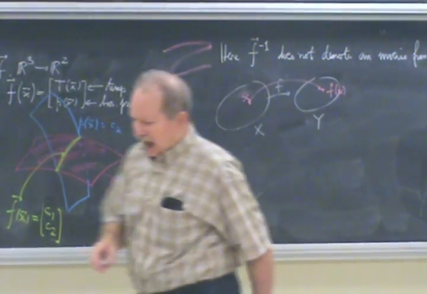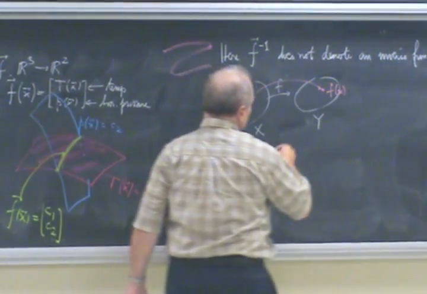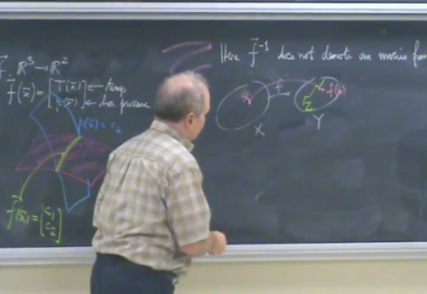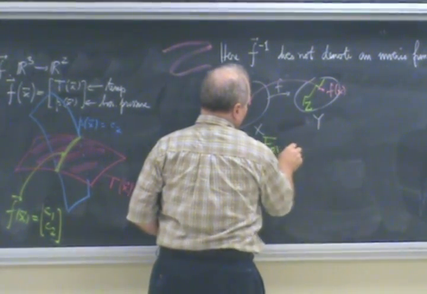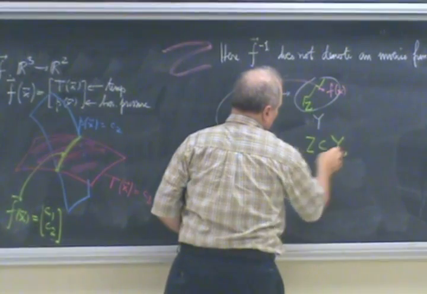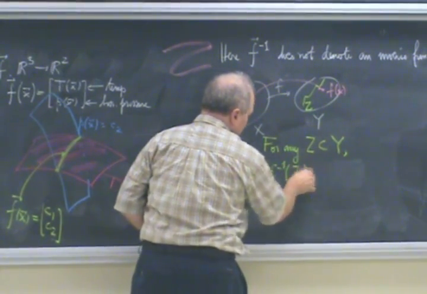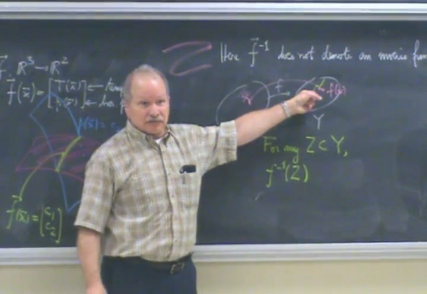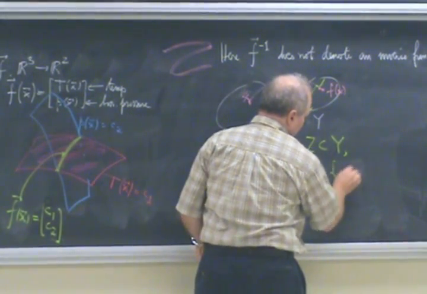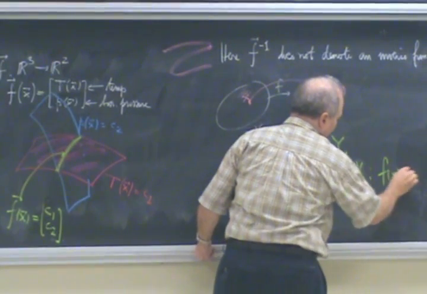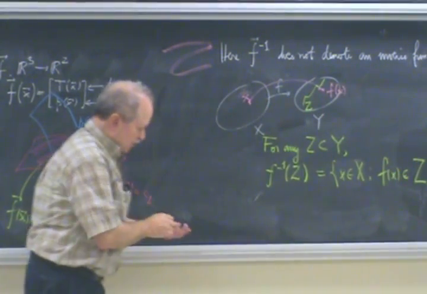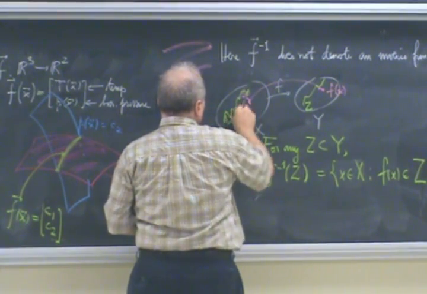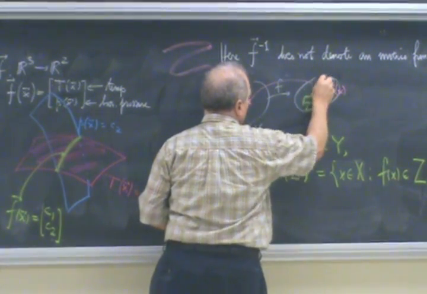The f inverse asks, take a set here, call it Z. F inverse of Z denotes all the x's back here that land in Z. So it's just saying, what are all the x's back here that map somewhere in this set Z?